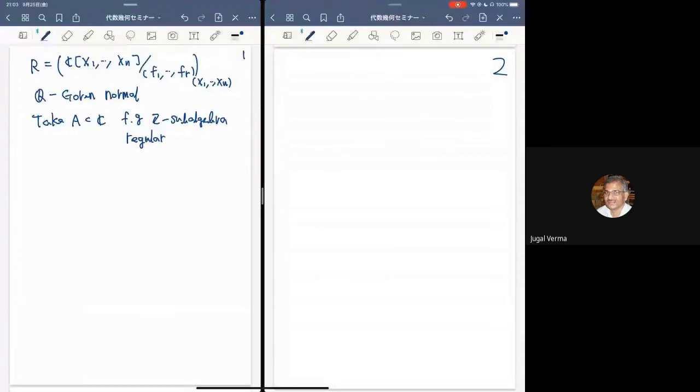And I take also R_A. This is a subring of R. Again, this is finitely generated, and this is flat over A, such that R_A tensored with C over A is isomorphic to R. So tensoring with C, we recover R. We can take such A and R_A.